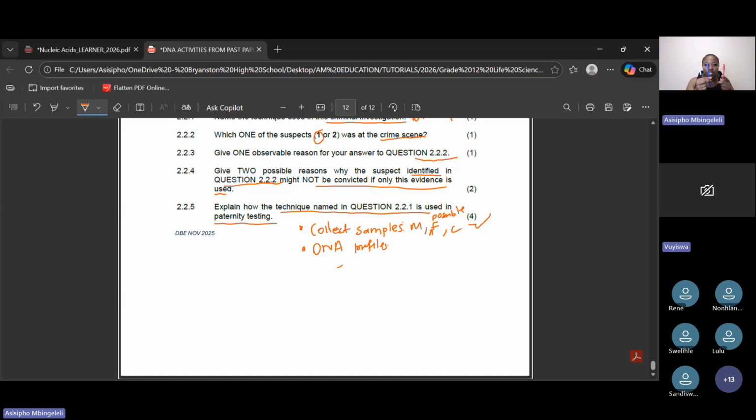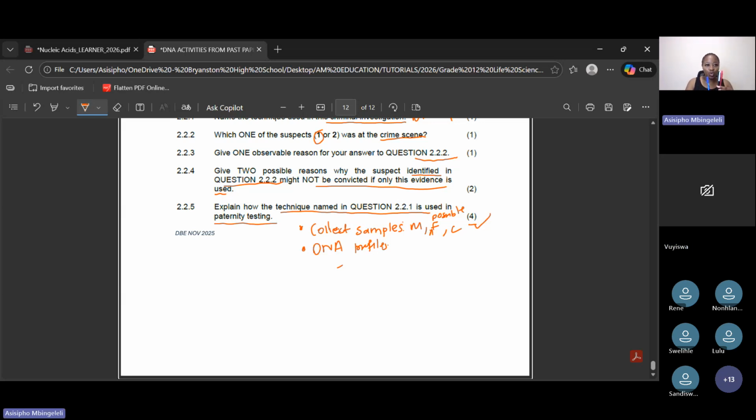So what is the first comparison that they're going to do? Are they going to compare the mother and father's profile, or look at the mother's profile and the child's profile first? They will look at the mother and child. Thank you so much.